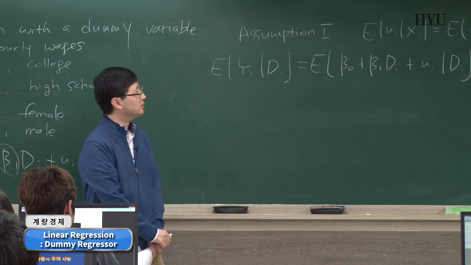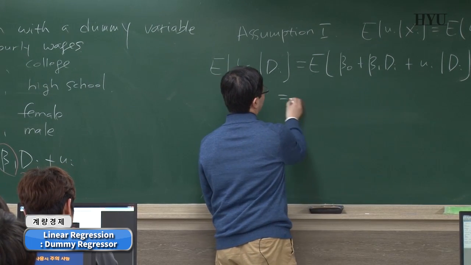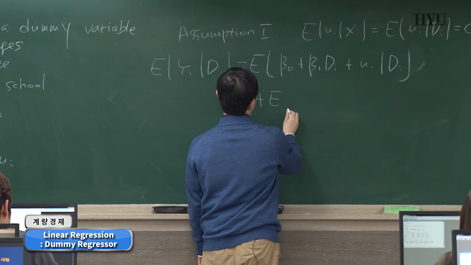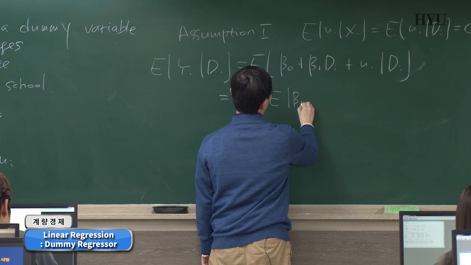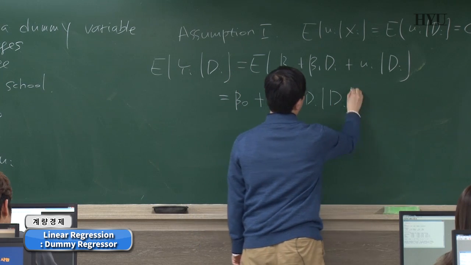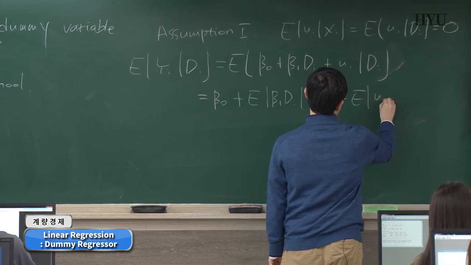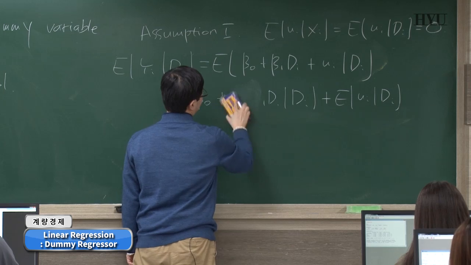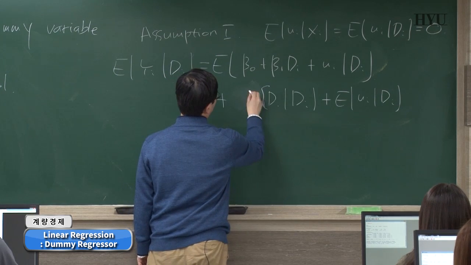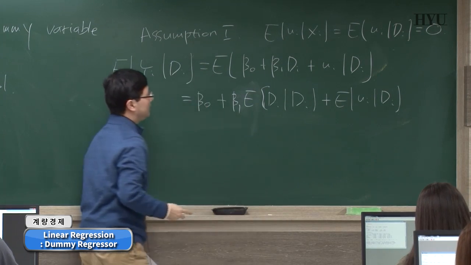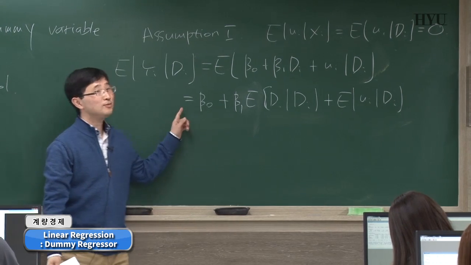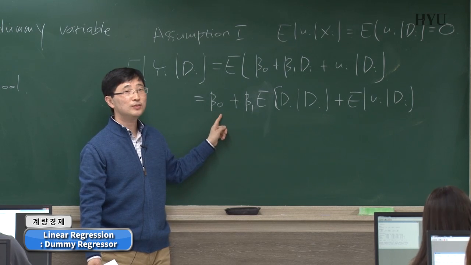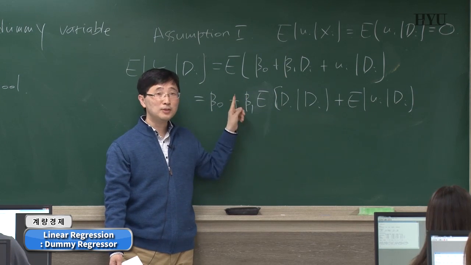That's the question we ask. Now for the expected value, all the constants can go out. So is it okay? The beta null goes outside because it's a constant. Same for beta 1, it just goes outside the expected value.